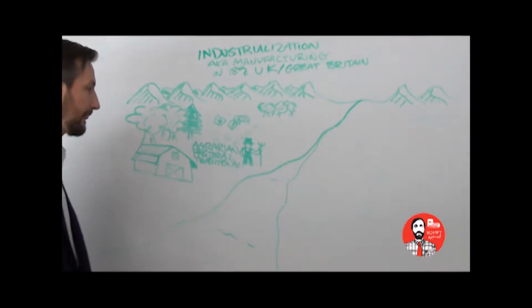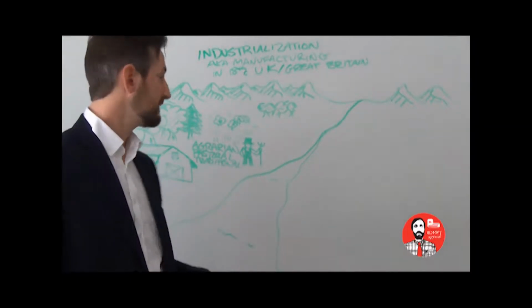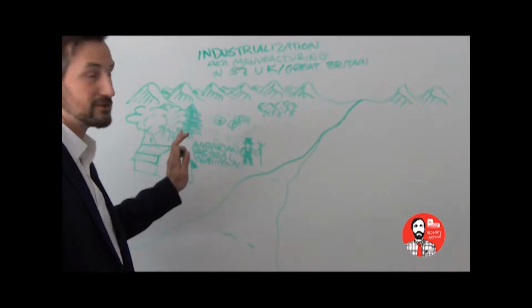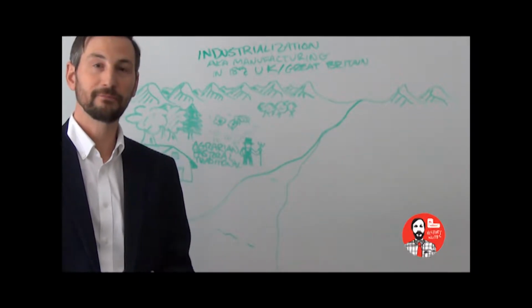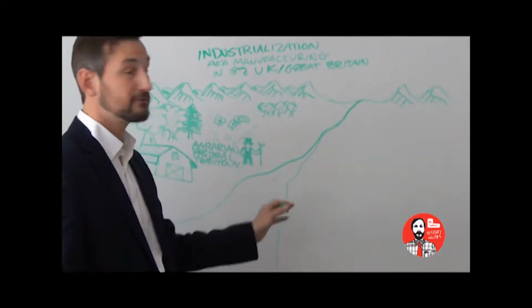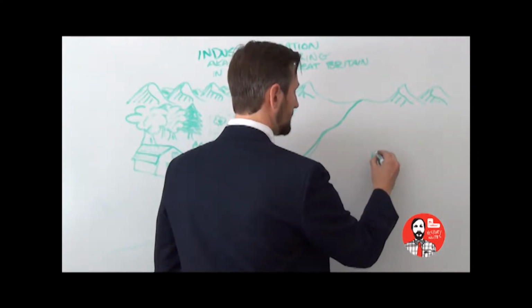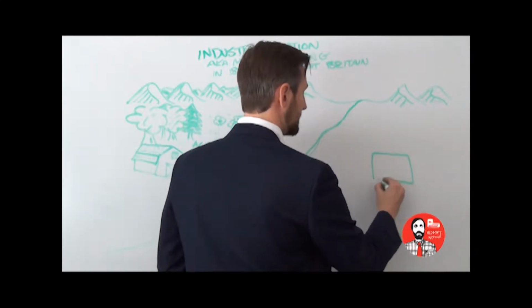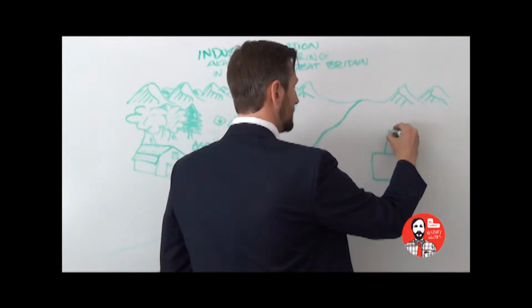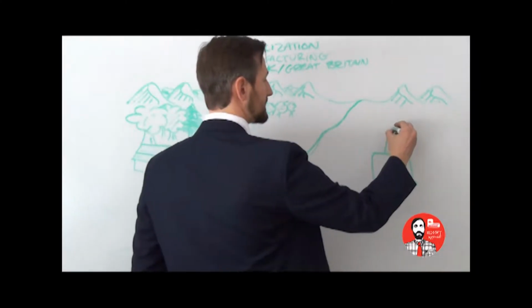All right. But there's something that's going to disrupt this agrarian, pastoral, traditional way of life, and that is there is a new factory across the river. So we're going to draw our factory. So we have this square shape and a smokestack, and then we're going to make some smoke come out of it.